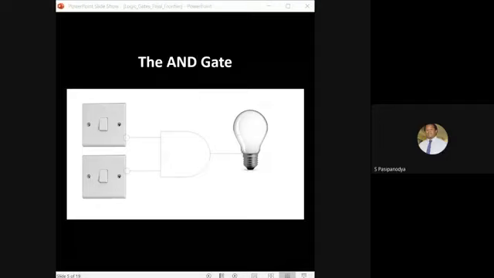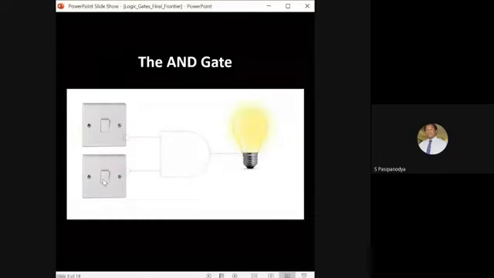If one value is true, for example, right now our switch is on, so our value is true, the output still remains false. So if you want to have a true output in your AND gate, exclusively all input values should be true. Does that make sense, ladies and gentlemen?